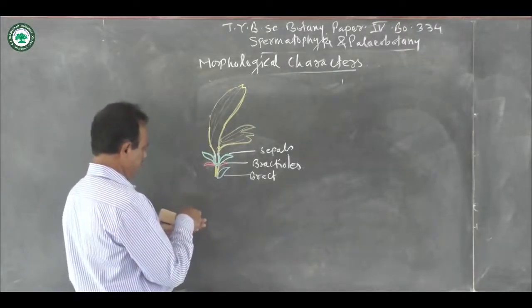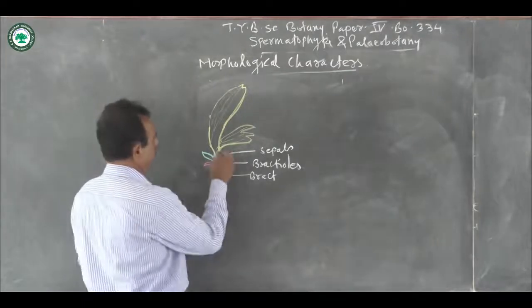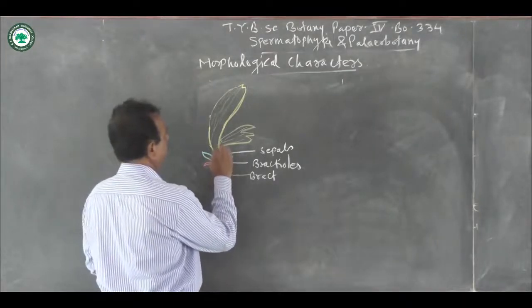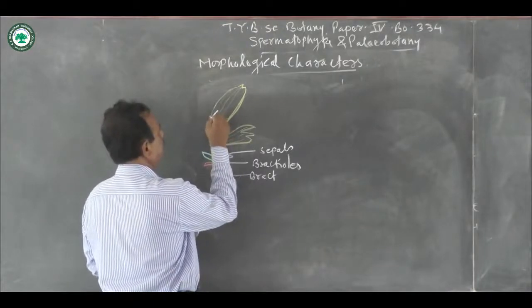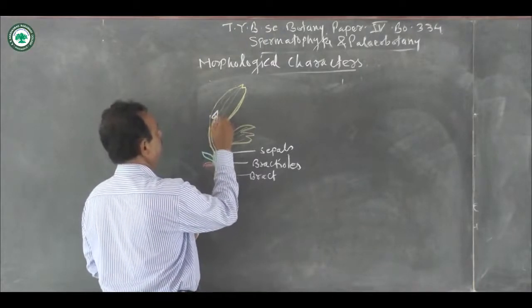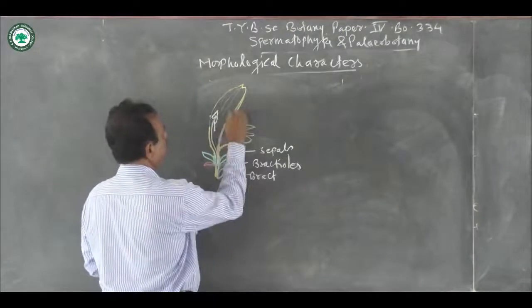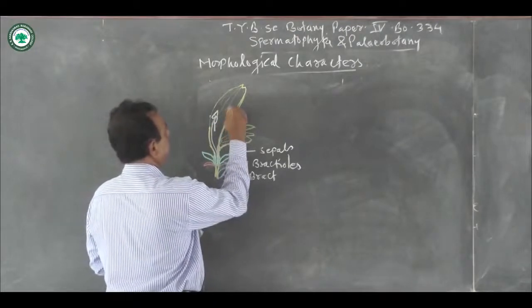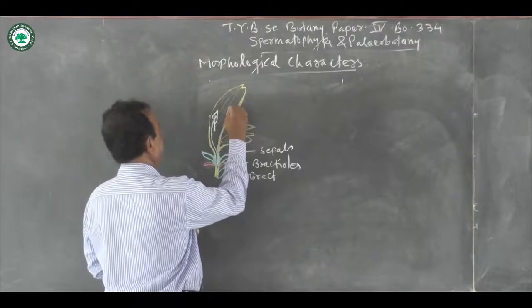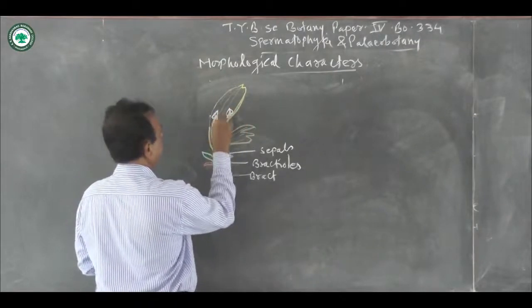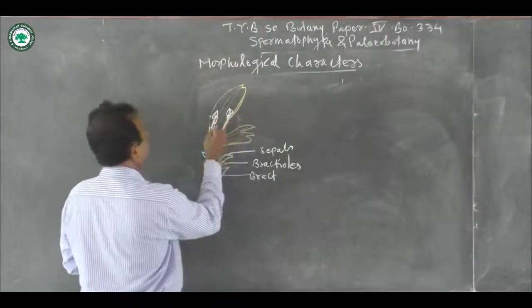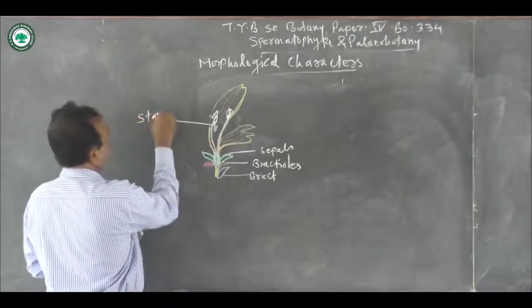If we see the androecium and gynoecium, the androecium shows the presence of 2 stamens. So these are the stamens.